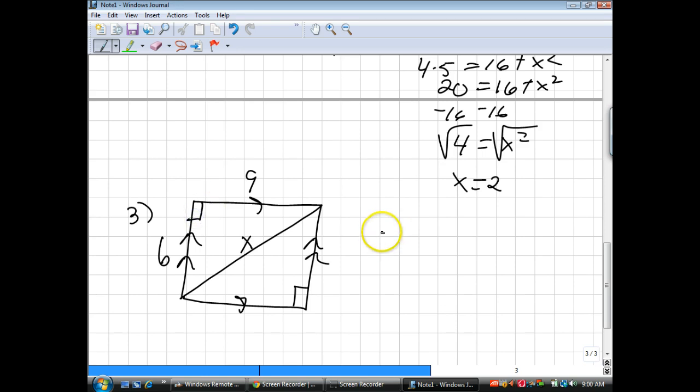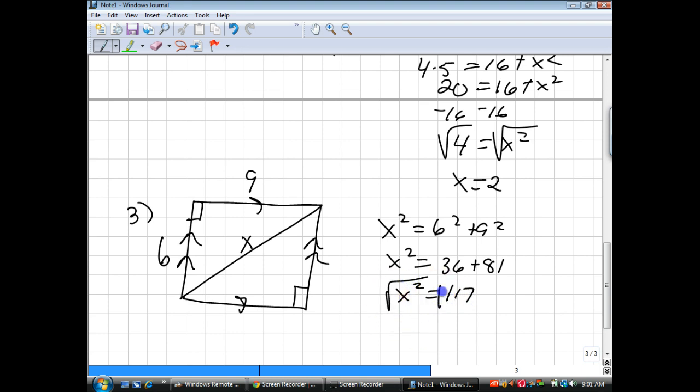So then we know that x squared has to equal 6 squared plus 9 squared. So x squared equals 36 plus 81. So x squared equals 117. And so take the square root of both sides. So x is equal to the square root of 9 times 13, or x equals 3 square root 13.